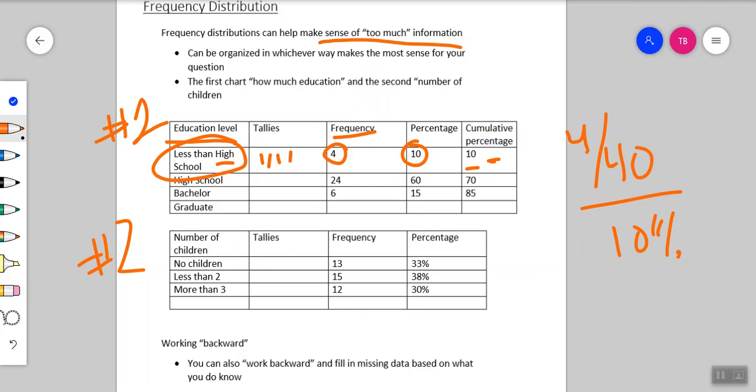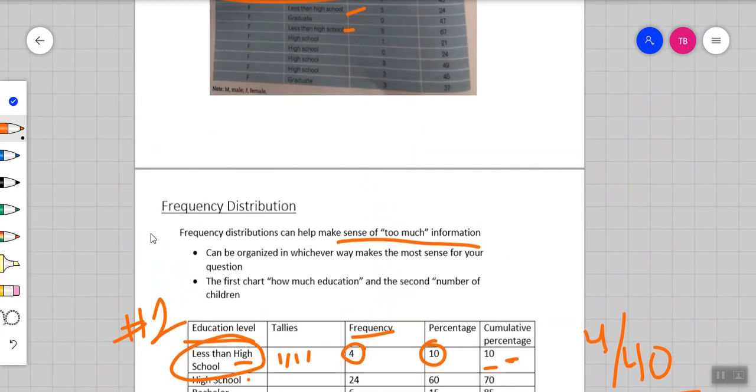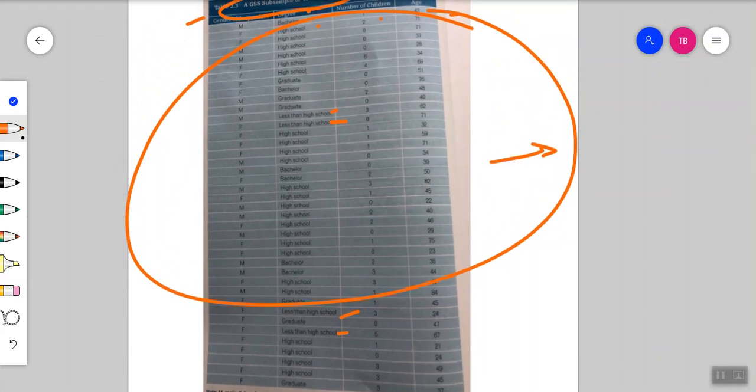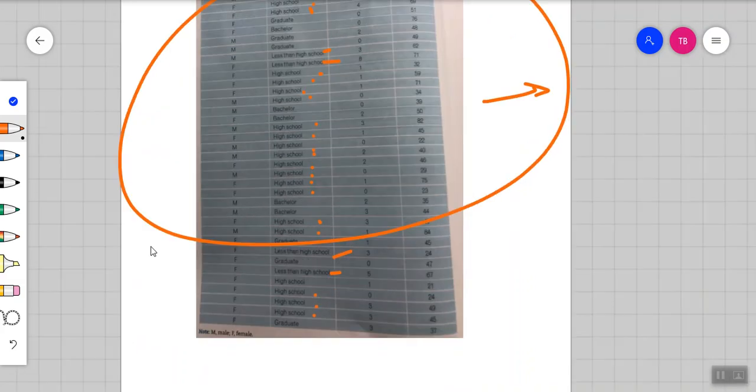So let's do this again. Let's do this for high school. Let's go up and count the number of high school. And if you go down and count all these, 1, 2, 3, 4, 5, 6, 7, 8, 9, 10, 11, 12, 13, 14, 15, 16, 17, 18, 19, 20, 21, 22, 23, 24. 24 total.